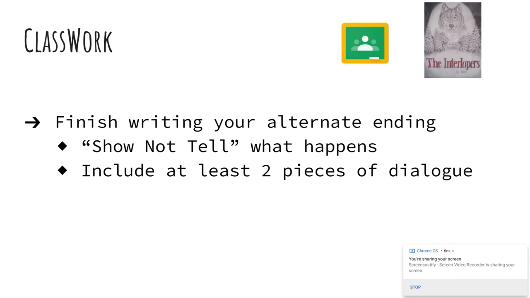And within any of those paragraphs, I need you to include two pieces of dialogue. So I need some places where a character is talking. The good thing about dialogue is it easily makes your alternate ending longer because each piece of dialogue should start a new line on your document. So that's what you're going to finish today.